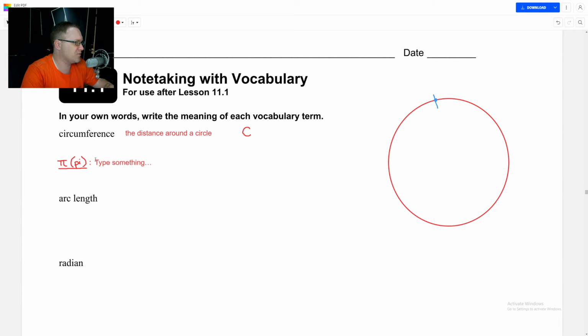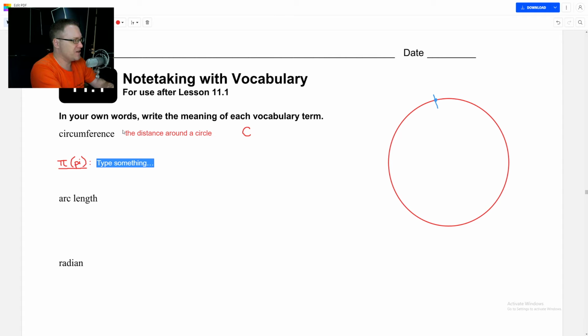Now, you guys have probably all learned about pi before, or at least talked a little bit about it. I want to make sure that we know exactly what pi is, and I don't mean what number pi is. You probably know that pi is about 3.14, or 3.14159, and it keeps going on and on forever. But what is pi?